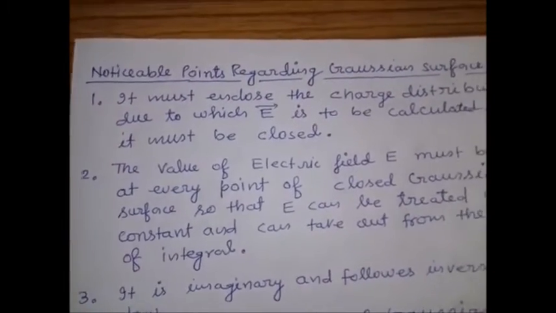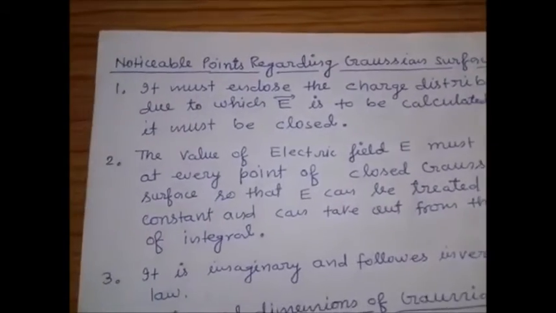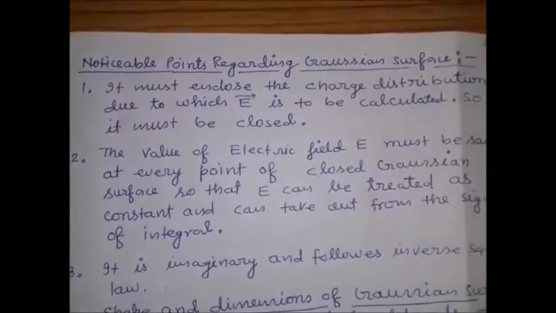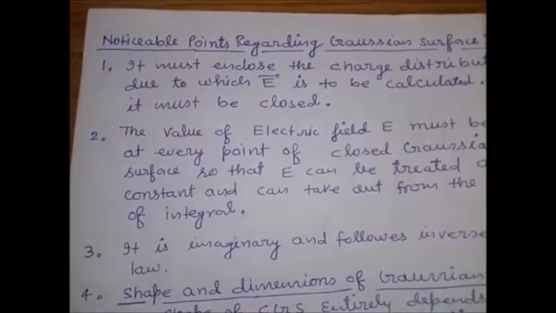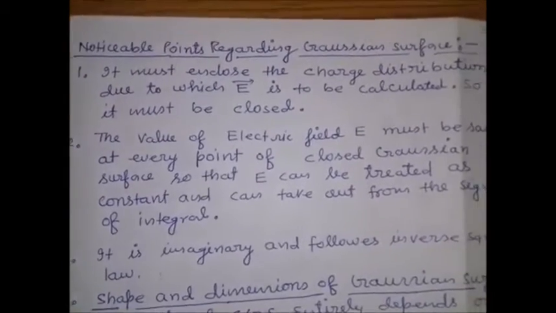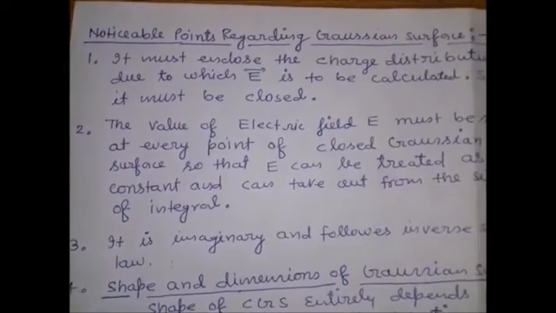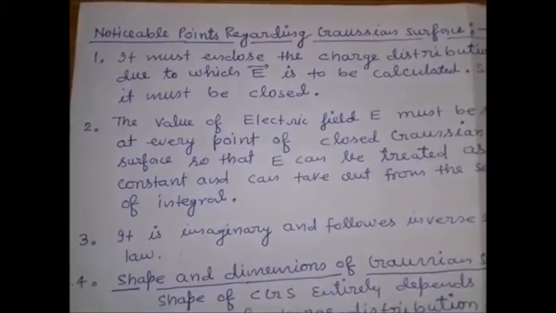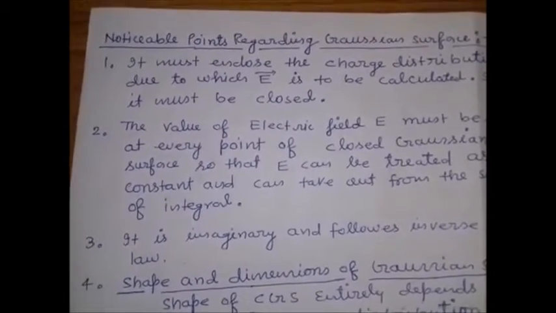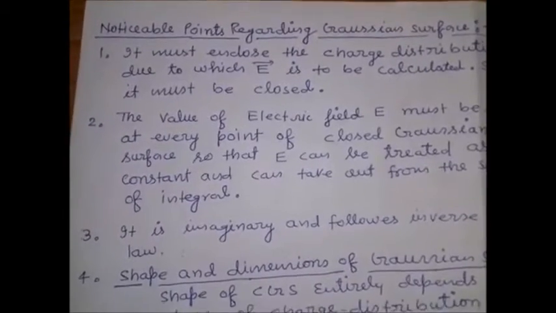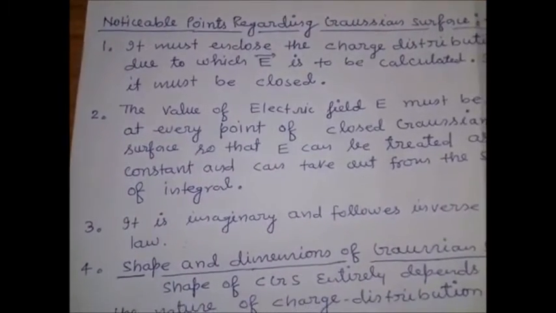points regarding Gaussian surface. First, it must enclose the charge distribution due to which electric field is to be calculated. It means you must enclose the source charge due to which you wish to calculate the electric field intensity. It must be closed by a Gaussian surface.